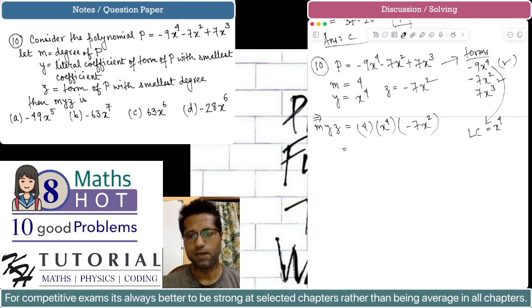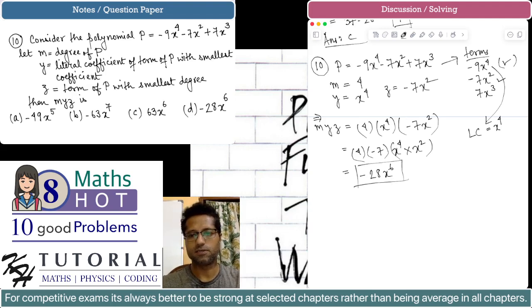So we multiply all the numerical coefficients, that is 4 multiplied by minus 7, and we multiply the literal coefficients, that is x to the power 4 multiplied by x square. So this becomes minus 28 x to the power 6, and hence the correct choice is D. D is the correct choice.